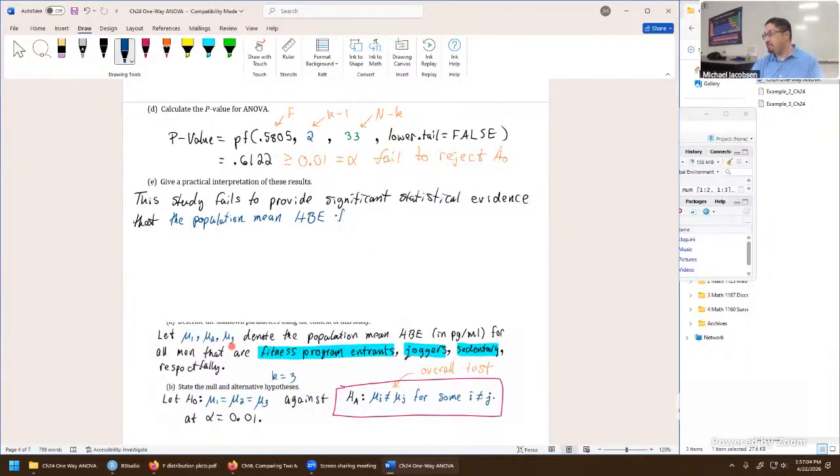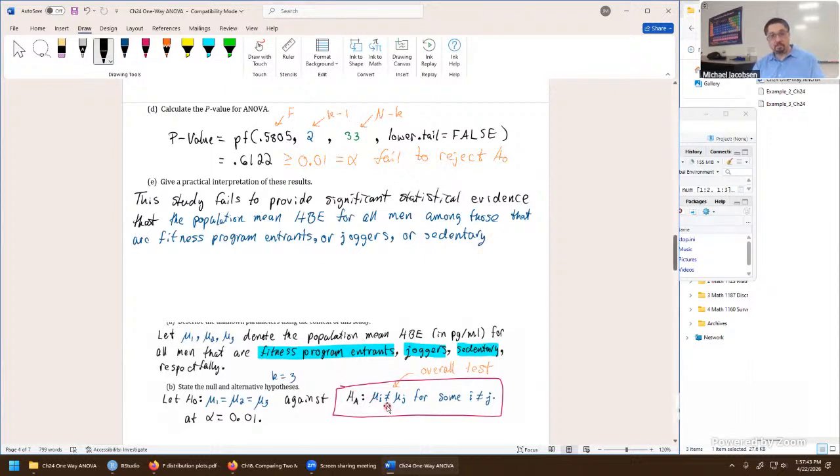Mean HBE for all men among those that, let's mention the groups, are fitness program entrants or joggers or sedentary, and the statement is are different because this is always a not equals for this overall test. It's always a two-tailed test in that certain sense. So we'll say are different.